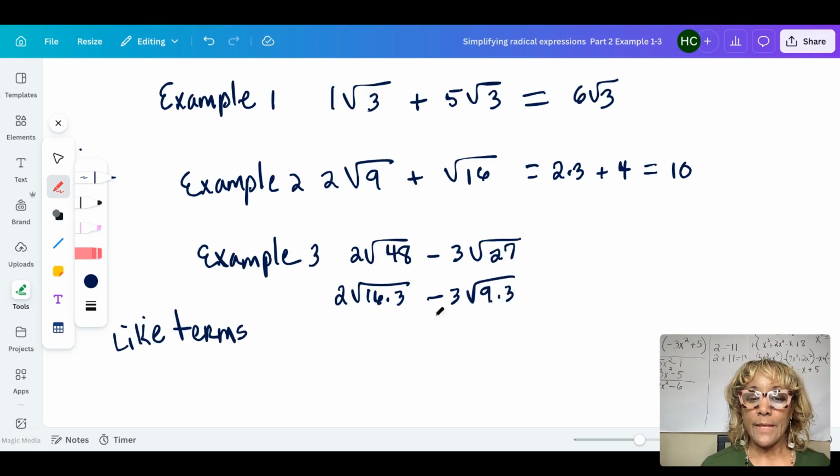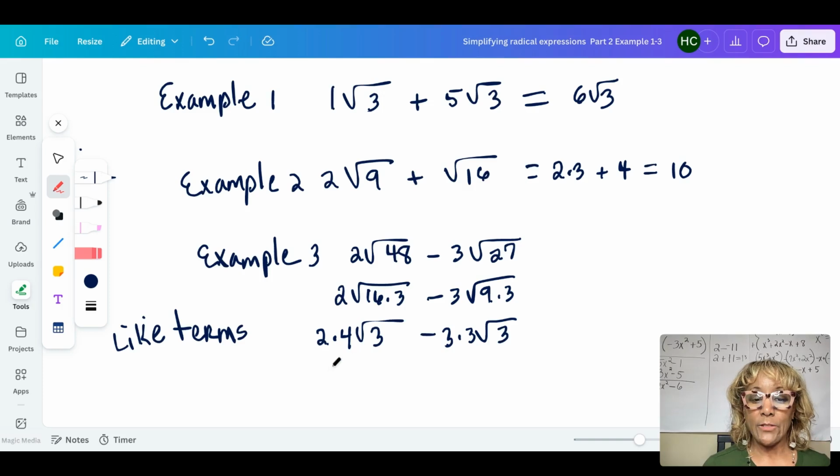Now, what's going to happen is 16 is a perfect square, so I can evaluate it and pull it out and multiply it by my coefficient of 2, and 3 stays underneath the radical. Coming over here, 9 has a perfect square root. I'm going to pull it out, say 3 times 3, square root of 3.